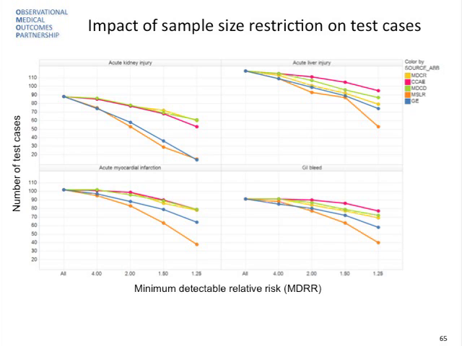Whereas in contrast for GI bleed, most of the databases were able to study the majority of the test cases even after imposing that restriction. All that is to say is that if we're going to study different drug outcome pairs in different databases, we need to understand what the baseline data characteristics are and to be able to identify which databases could answer a particular question of interest.